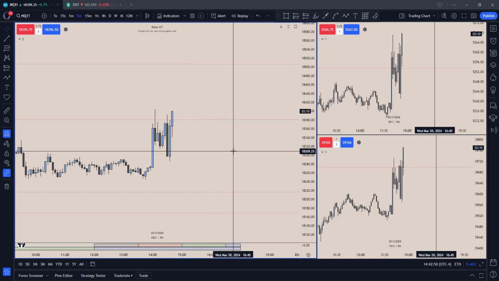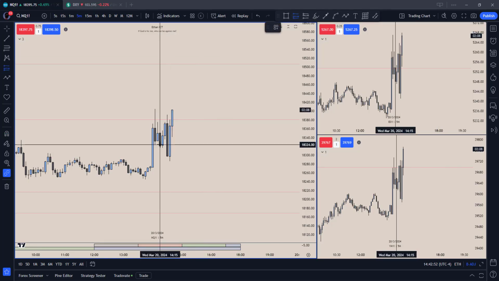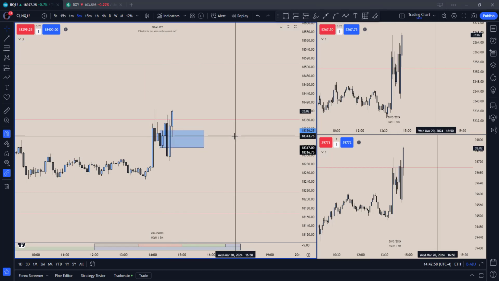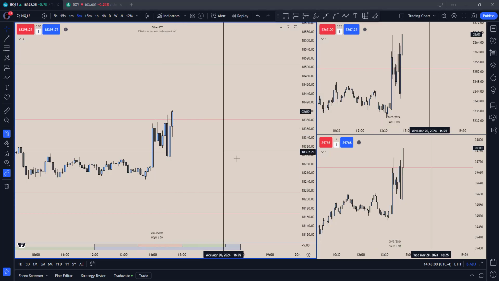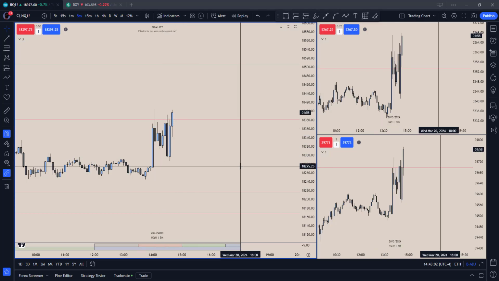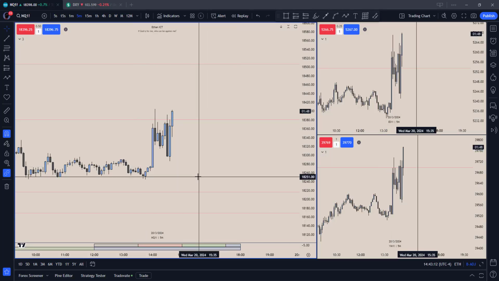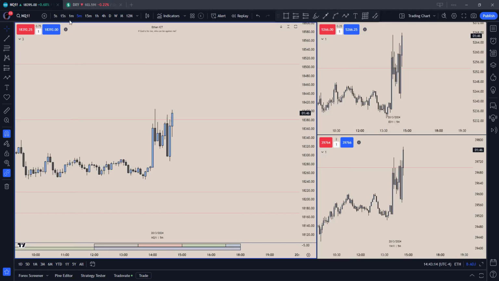Let's say you were in this long from this 5 minute fair value gap, it starts displacing higher the second you're in, but then it starts displacing lower. It's not something I would personally want to execute on. This is like a seek and destroy profile right here.